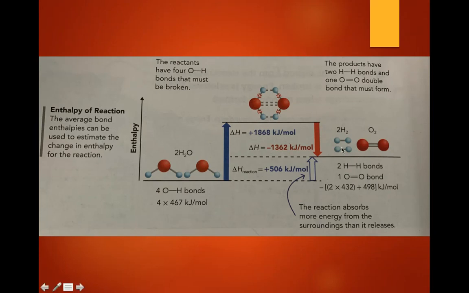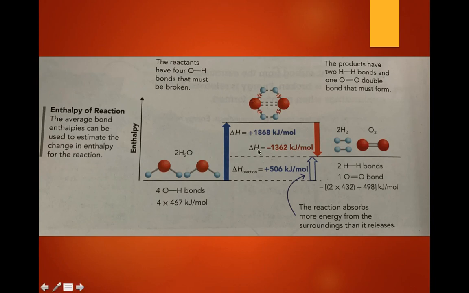Now, when we rearrange, the products have 2 hydrogen-hydrogen bonds and 1 oxygen-oxygen double bond that's going to form. We know when we form bonds, we're not adding energy. Energy is released into the system. It's an exothermic process.